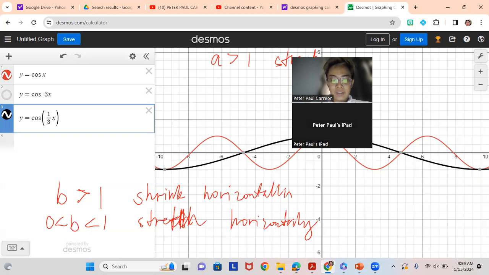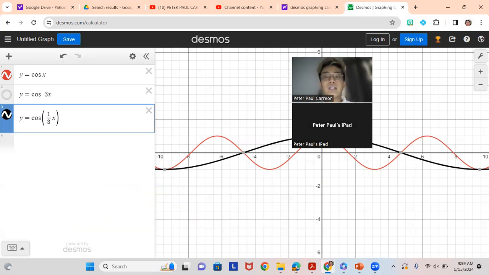Mag-stretch siya vertically. Kapag ang A natin ay between 0 and 1, meaning proper fraction siya, mag-shrink naman siya vertically. Yan, tandaan nyo lang yung mga yan, ha?